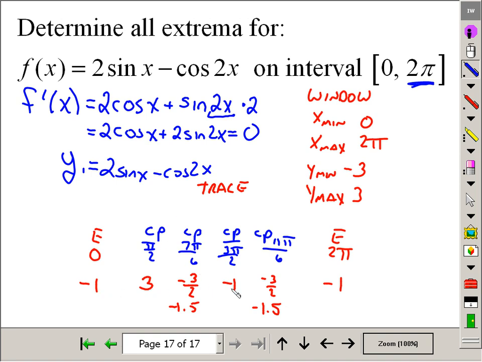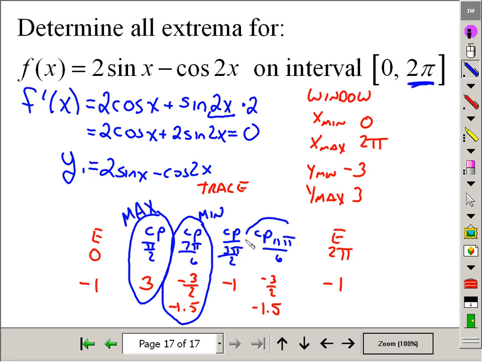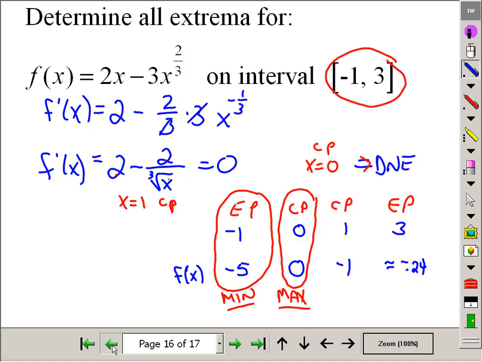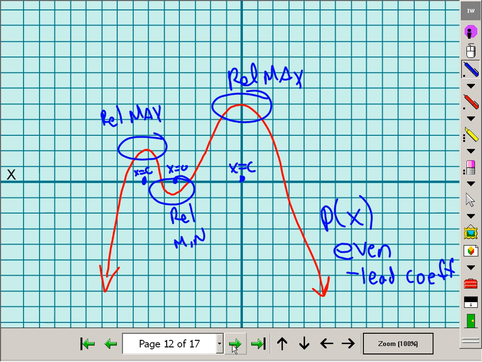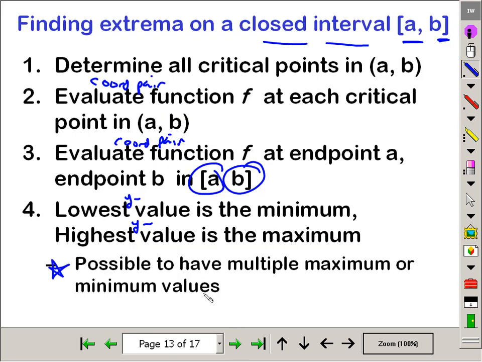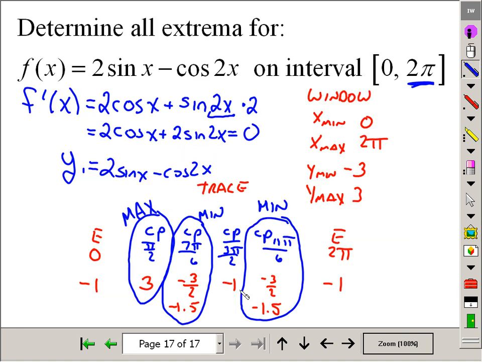And now we're ready to see maximums and minimums. Looks like 3 is our maximum. Looks like -1.5 is my minimum. And don't forget, one of the things we talked about here was it was possible to have multiple maximum or multiple minimum values.